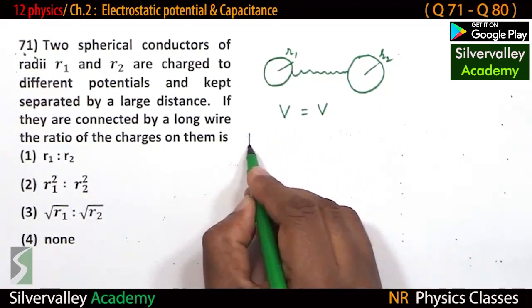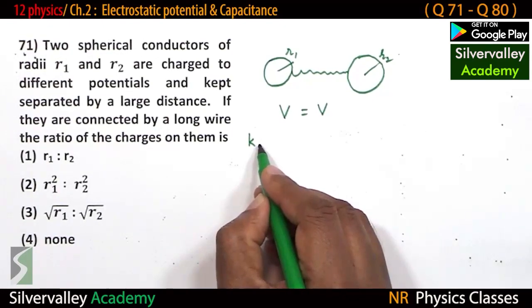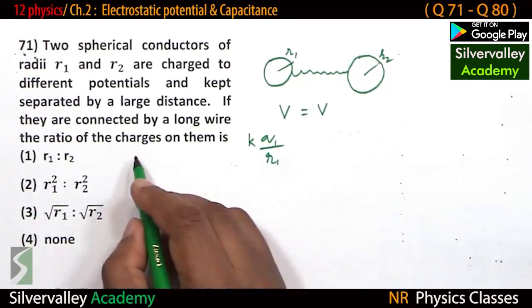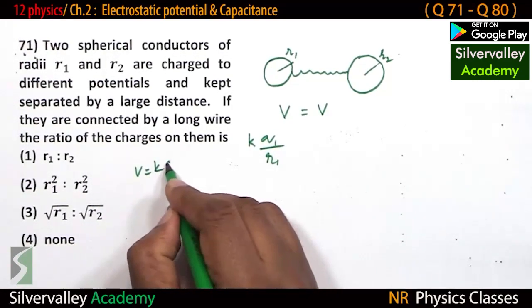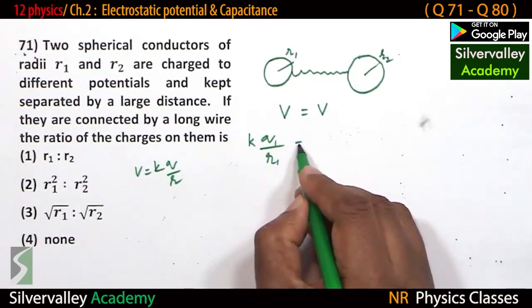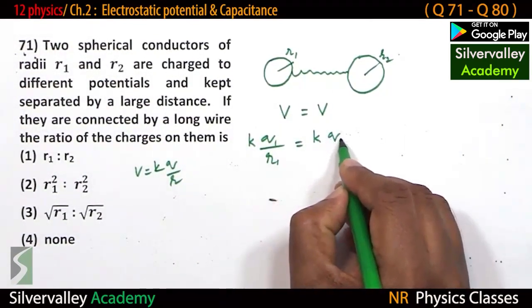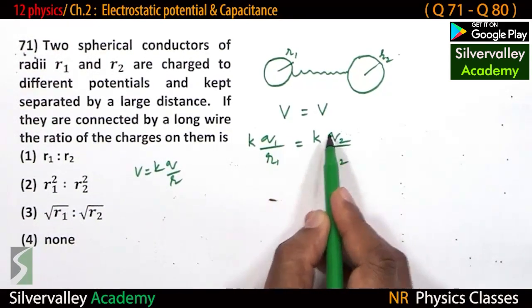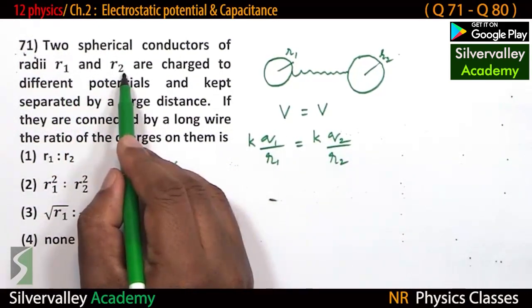These two are shorted means potential of this is equal to potential of this. But potential is constant Q1 by R1. So potential is constant Q by R, isn't it? Therefore Q1 by R1 equals constant, Q2 by R2. Why different charges? Because they are of different dimensions.